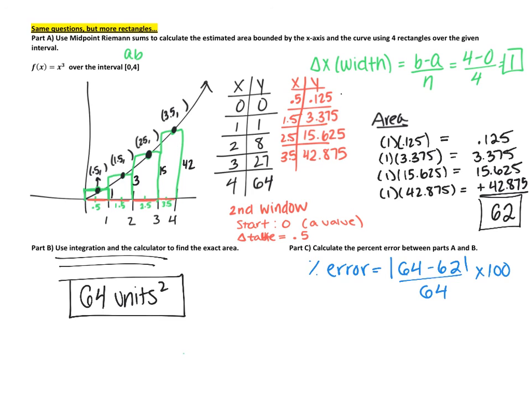So take a couple minutes, plug that into the calculator, pause the video, and then hit resume when you're ready for the answer. Okay, so I got 0.03125, and if you move that 2 places to the right, that's approximately 3.125%. So much better error the more rectangles you have.